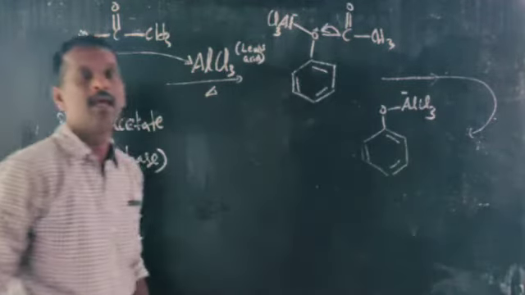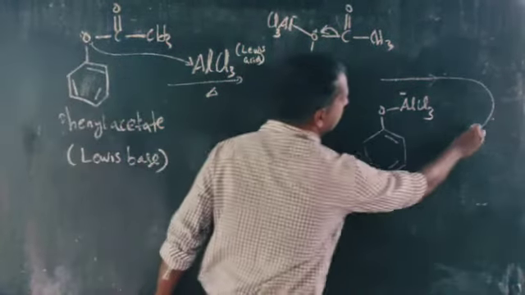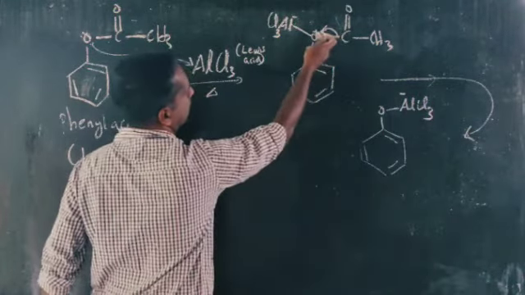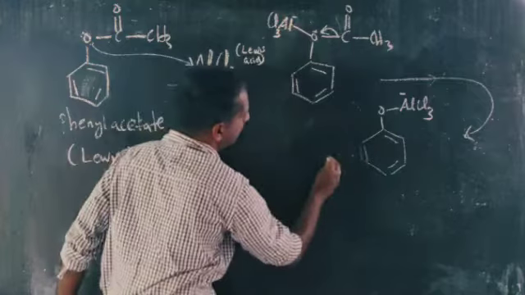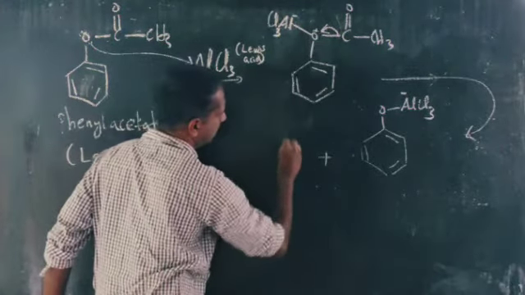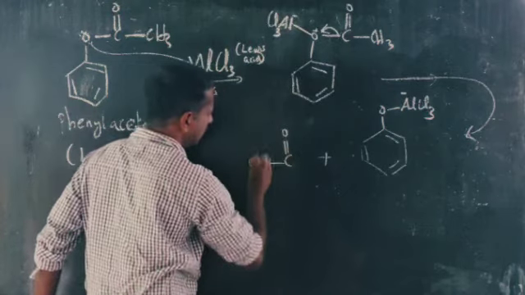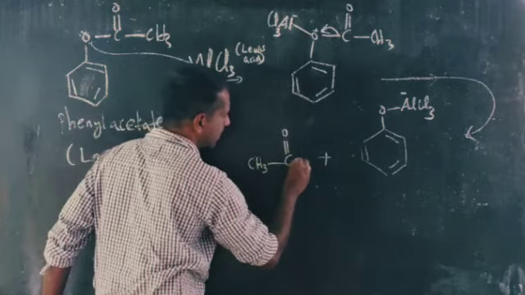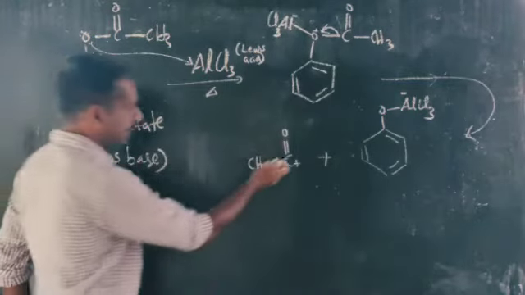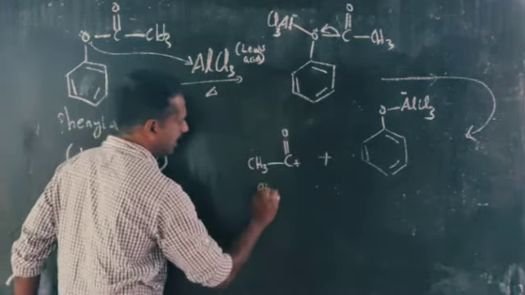Oxygen no longer has a positive charge, and AlCl3 minus plus what forms? Since the bond is breaking from this carbon, we get C double bond O, CH3, and of course the carbon has a positive charge. This cation is known as the acylium cation.